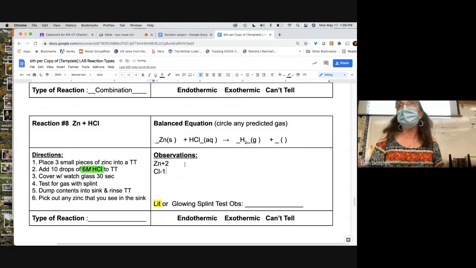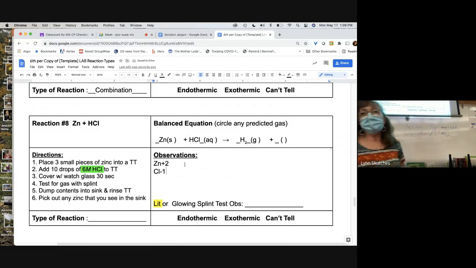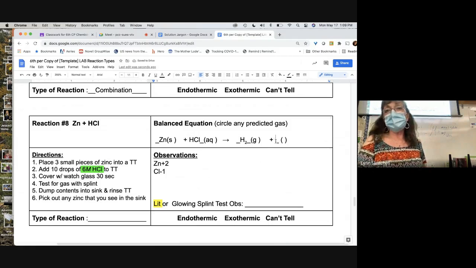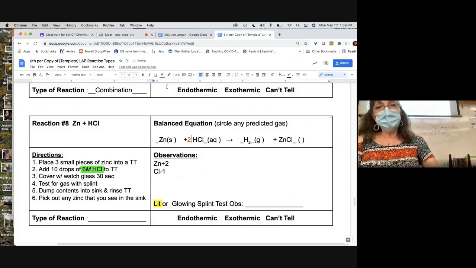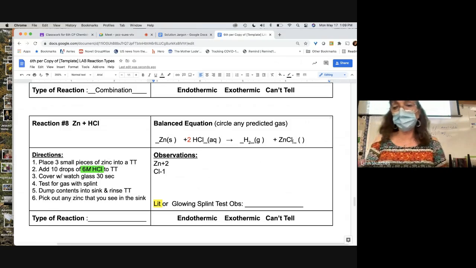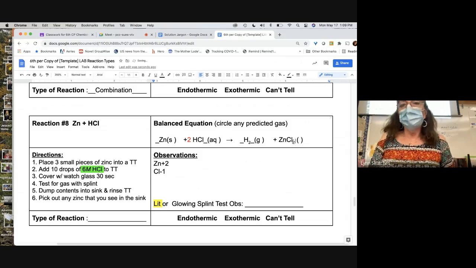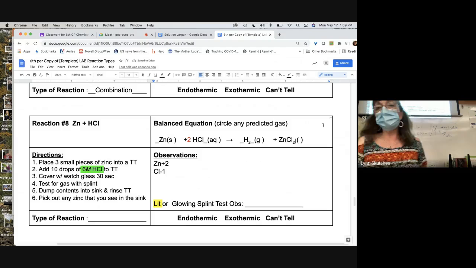So if we're going to make zinc chloride, we have zinc and we have chlorine. And how many chlorines do we need? 2. Good. And so since we need 2 hydrogens and we need 2 chlorines, very conveniently, we'll have a 2 for the coefficient here. And zinc chloride will be in solution.